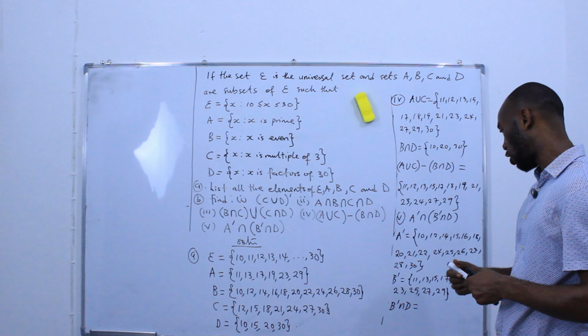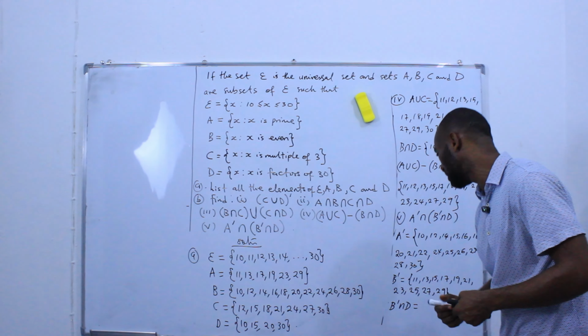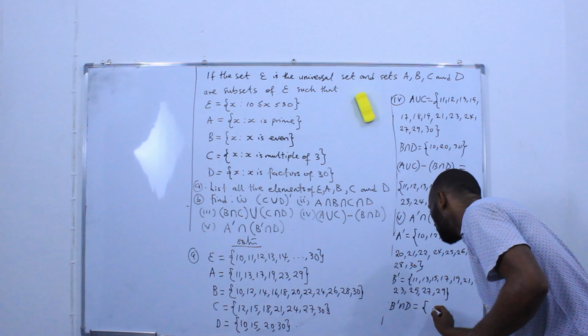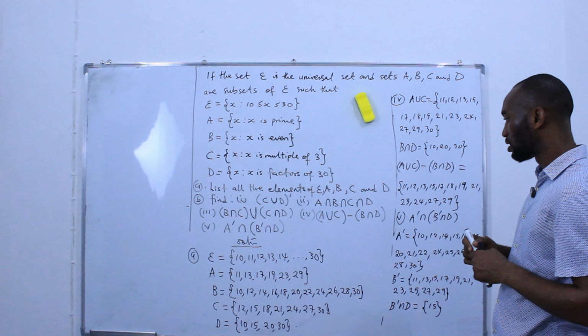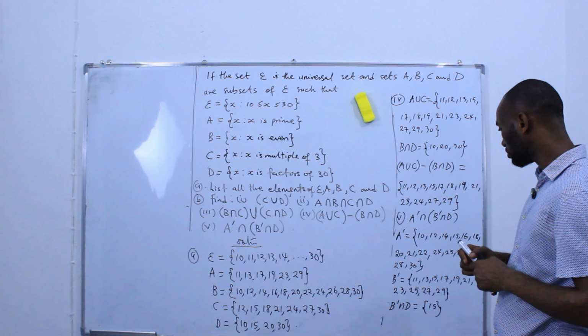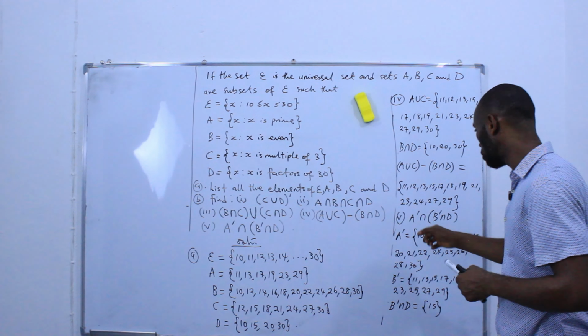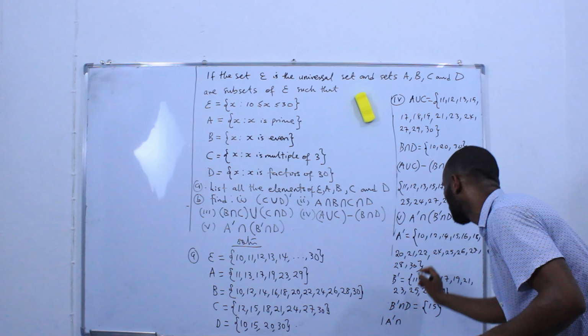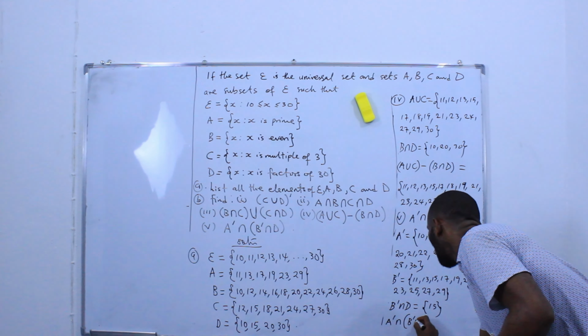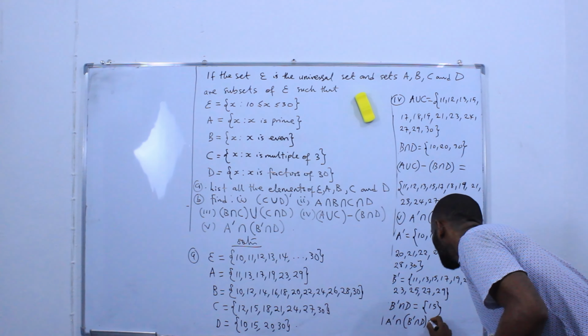So the only thing that is common between B complement and D is just 15.